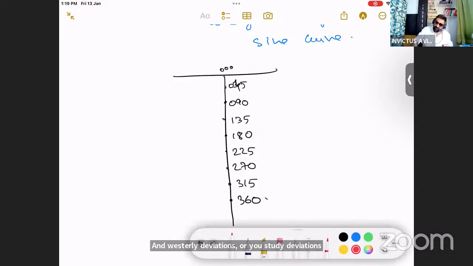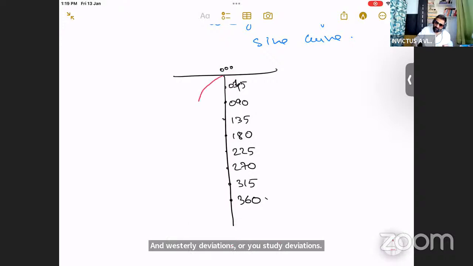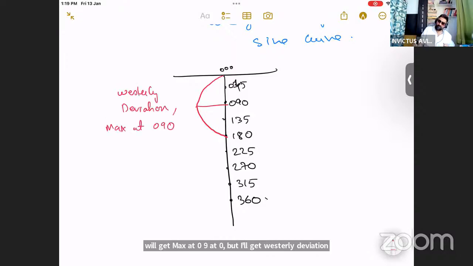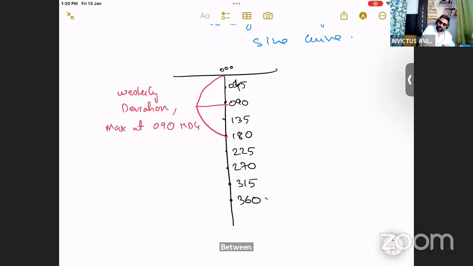When I'm on a heading between 000 to 180, I have westerly deviation, max at 090.